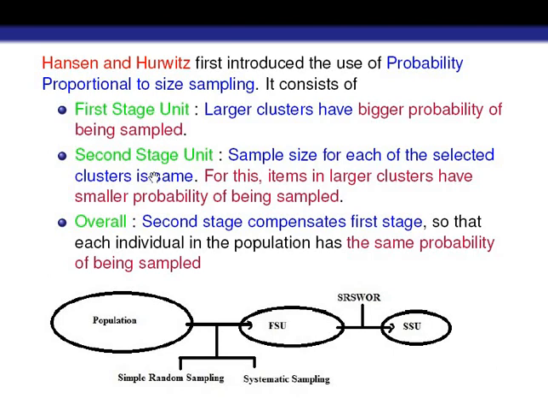But in probability proportional to size sampling, we will see some differences, which we will discuss in a very elaborate way, and I hope at the end of the video it is pretty clear to you what the process is to take a sample from the population using probability proportional to size sampling.